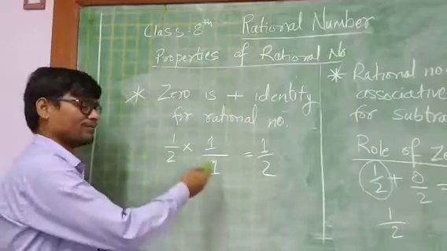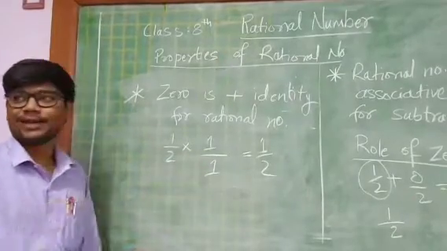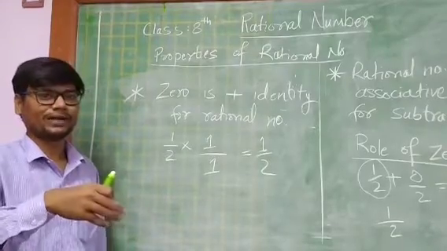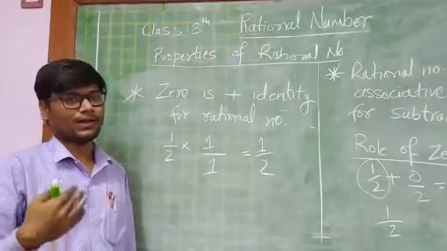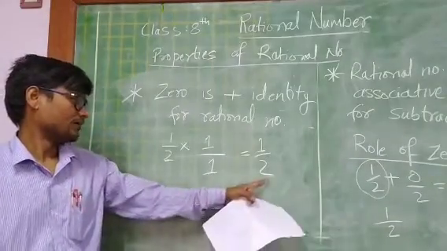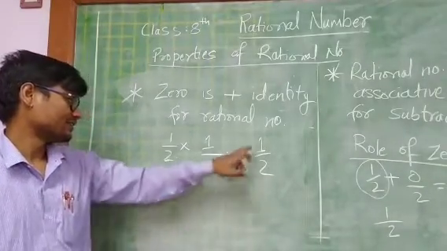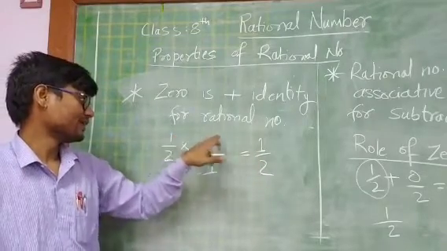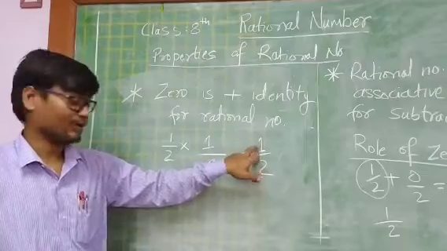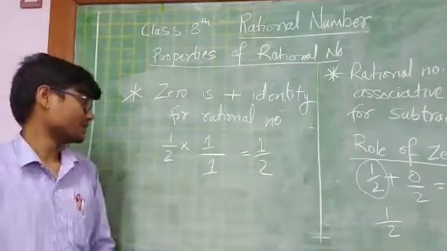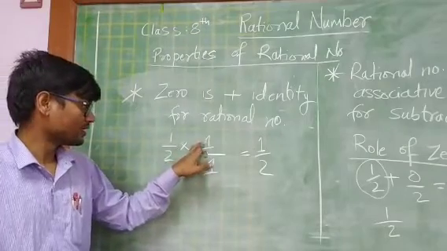In multiplication, we multiply the numerators and the denominators separately, and write them as a result. The product of the numerators is written in the numerator and the product of the denominators is written in the denominator. Like 1 into 1 is 1.